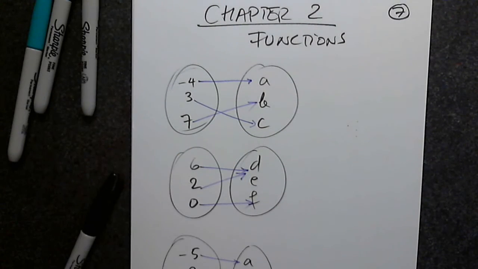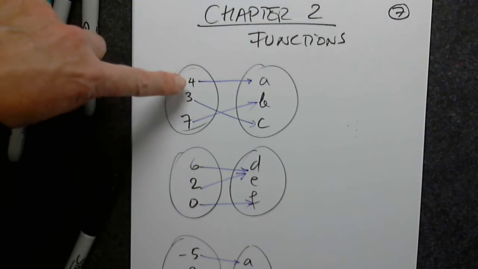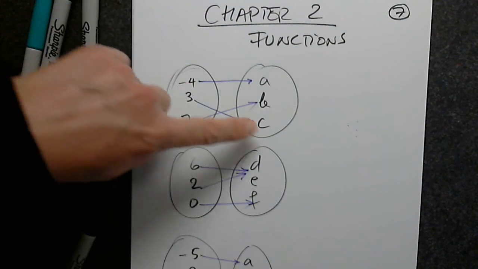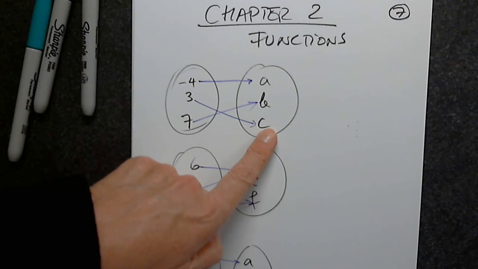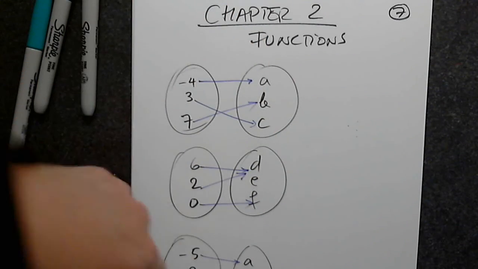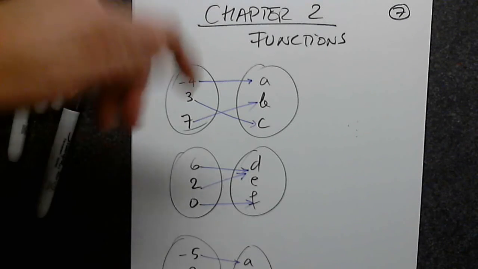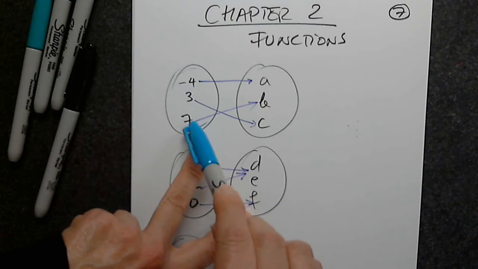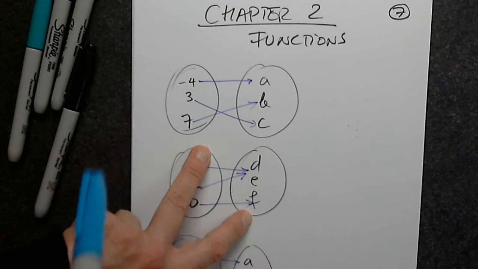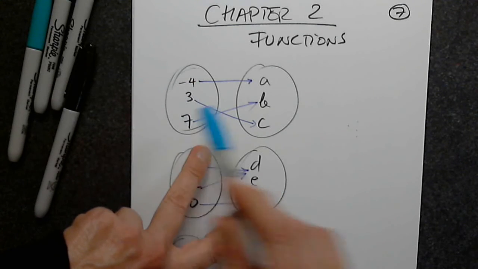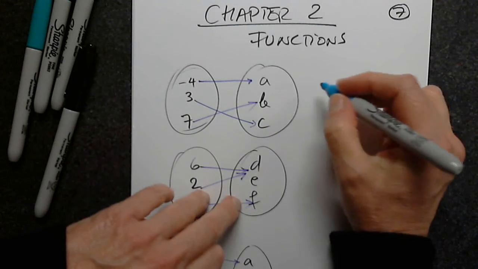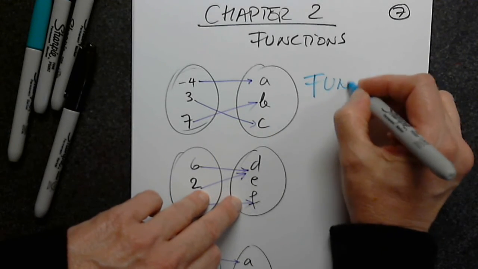So let's go back to the first situation. Each number that you gave me was connected to only one element in the second set. These don't have to be letters. I just found it easier to put letters in there instead of numbers. Doesn't matter. So if to each element from the first set there corresponds only one element in the second set, then we call that a function.